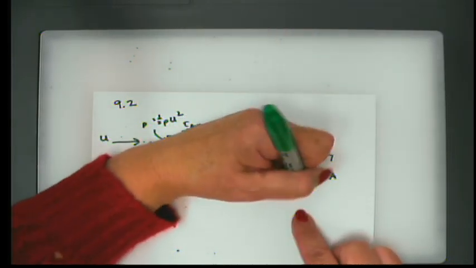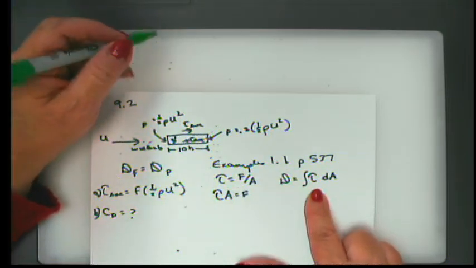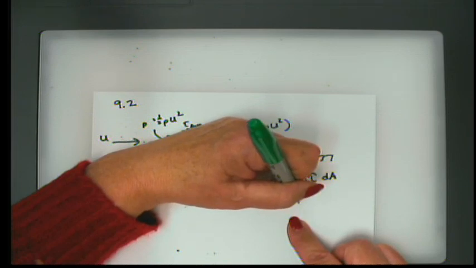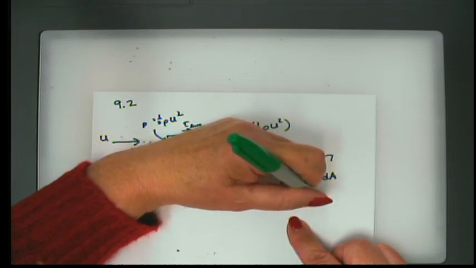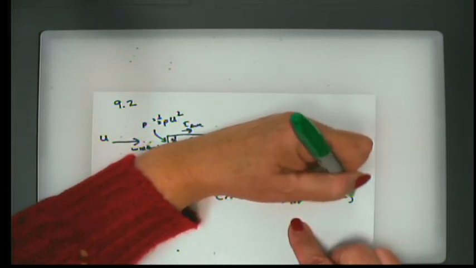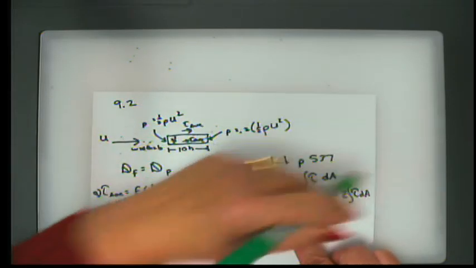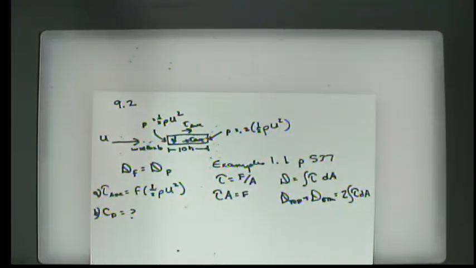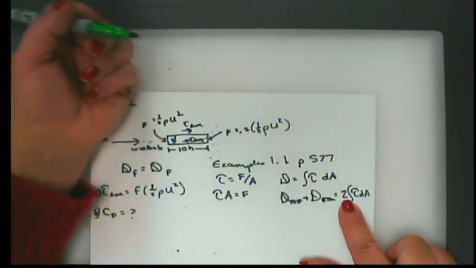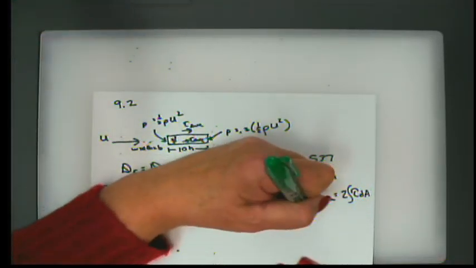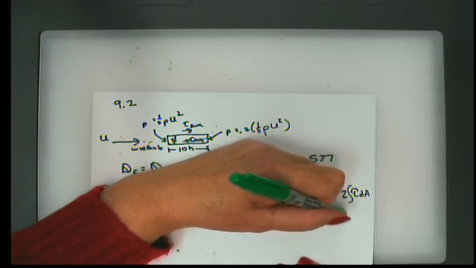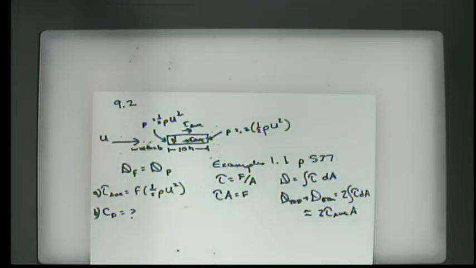If we have tau on the bottom and tau on the top, and we're told that they are the same, then the drag on the top plus the drag on the bottom is equal to 2 times the integral of tau dA. If tau were constant, we could pull it outside. It's probably not, but we can approximate this integral by saying 2 times tau average times the affected area.